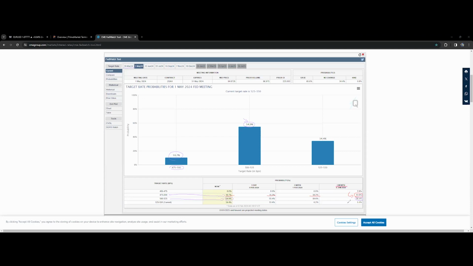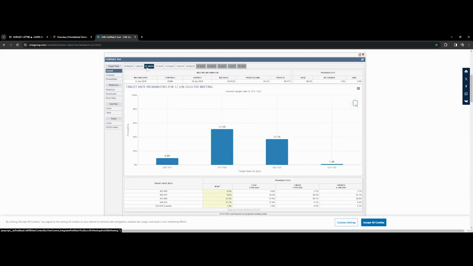So there's only one thing: collect the data and analyze when this can possibly happen. The most probable one is on 1st of May. And if we look to June, we have another 25 basis points, with 50% of the market expecting another 25.